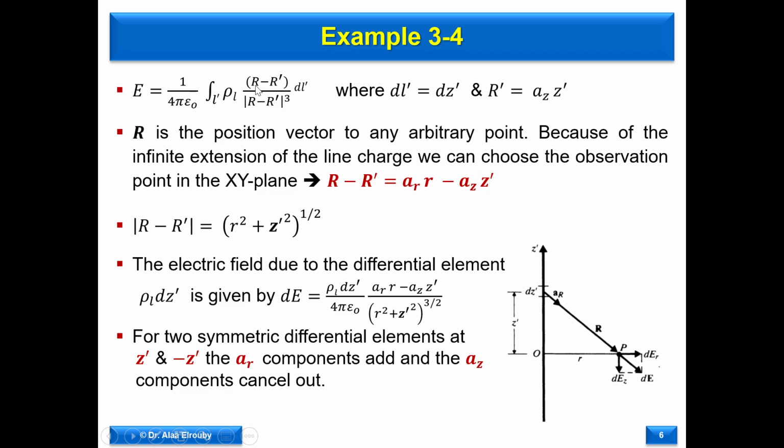Now we need to express r. R is the position vector to the observation point, any arbitrary point. Because the line is extending to plus infinity and starting from minus infinity, the arbitrary point could be anywhere. If we choose the arbitrary point to be on the xy plane, it would be the easiest for calculation, and this is not a special case. Why?